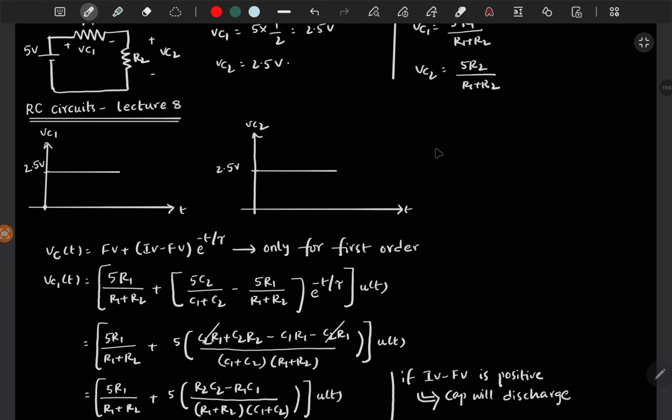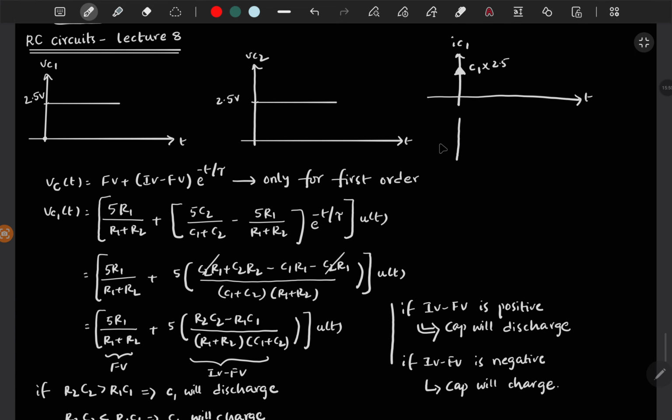And if you find the currents through C1 and C2: IC1 with respect to t, since it is changing suddenly, there should be an impulse current flowing through C1. Since it is changing from 0 to some positive value, there should be a positive impulse function with amplitude of C1 times this change in voltage, which is 2.5.